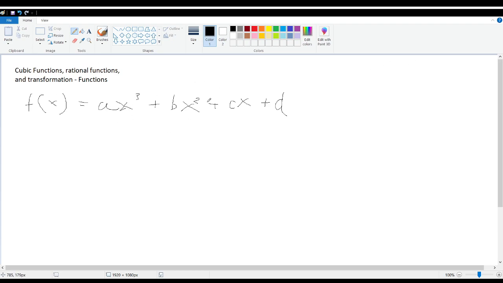For quadratics, there's only x squared, but for this one, it's cubed. So this is the usual format for a cubic function. Now that we know how a cubic function looks if you put it this way, how does it look in a graph? It looks something like this.